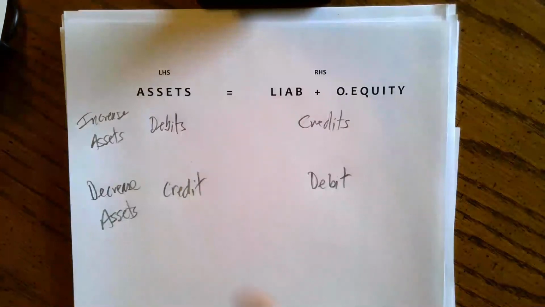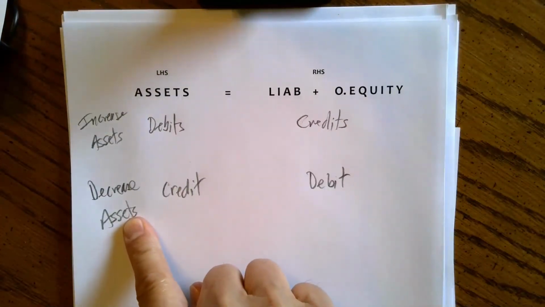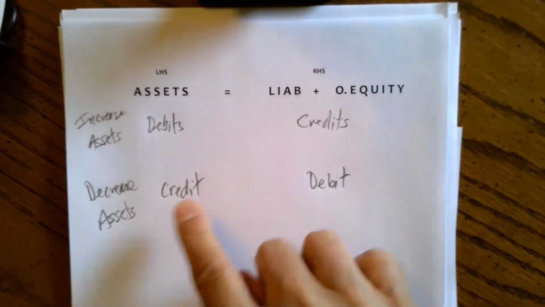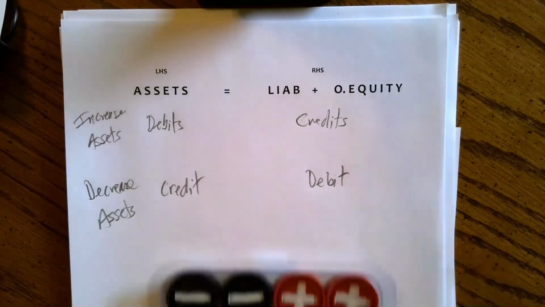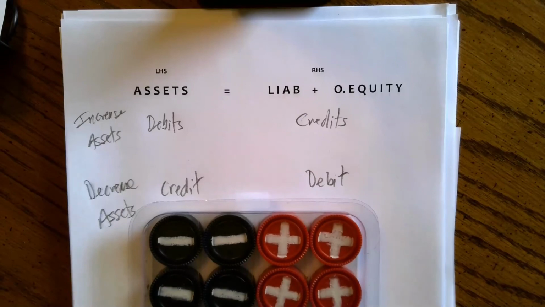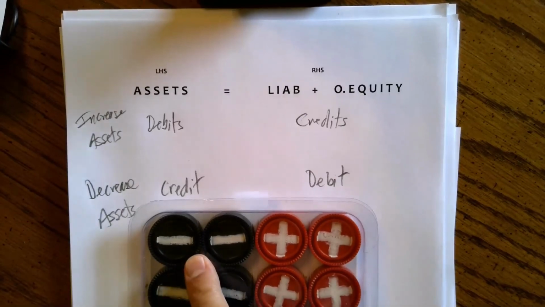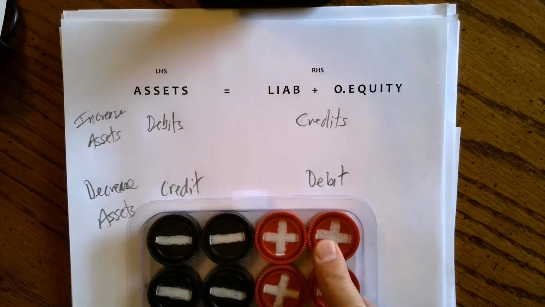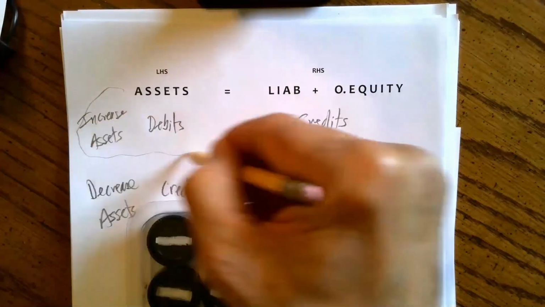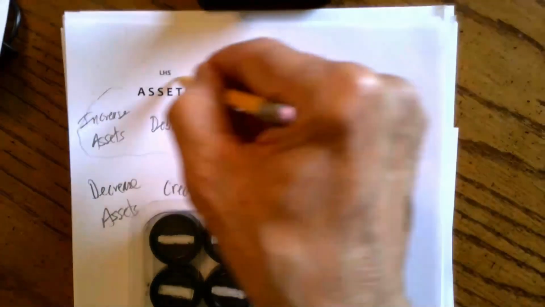Now in reversing mode, when we decrease assets in total, we'll decrease them with a credit and we'll decrease the claims with a debit. Decrease assets with a credit, negative. Decrease claims with a positive debit. Again, this is not intuitive, but remember that in populating the equation, we first start with getting assets in an entity.